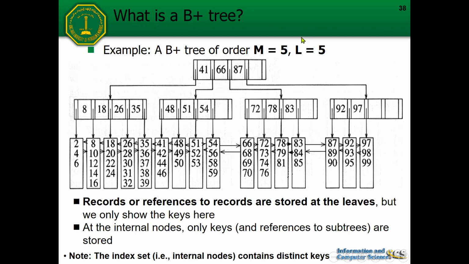But the order for the leaf, which in this case is L equal to 5, means that there can only be 5 keys in each leaf node. For example, now we have this leaf containing the maximum number of keys. We cannot have the number of keys be 6 for the node because L is 5.